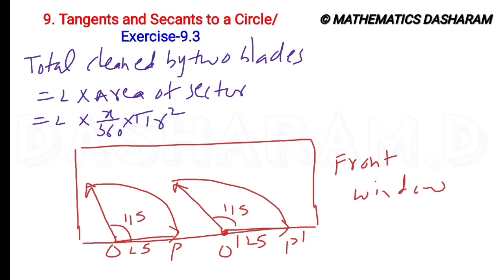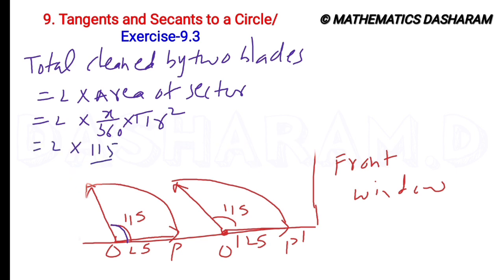So 2 into x value, that is 115, pi value already given, that is 22 by 7. R value means the length of the blade, that is 25 centimeters. Okay, so 2 into 115 by 360 into 22 by 7 into R square, that is 25 square.